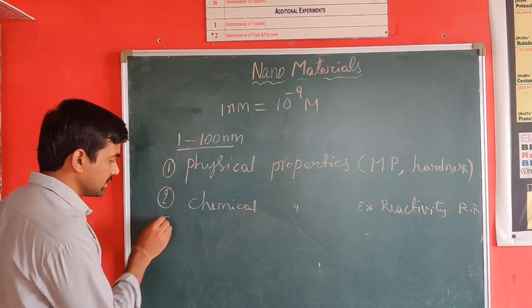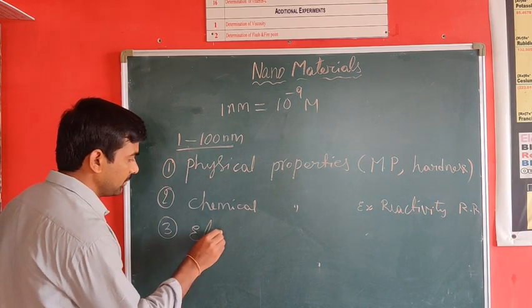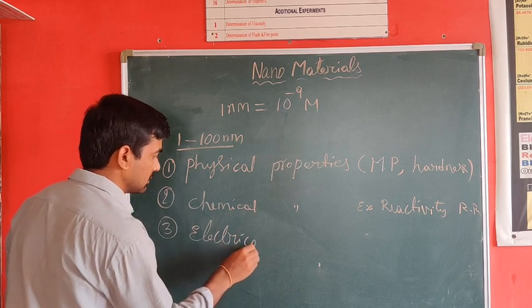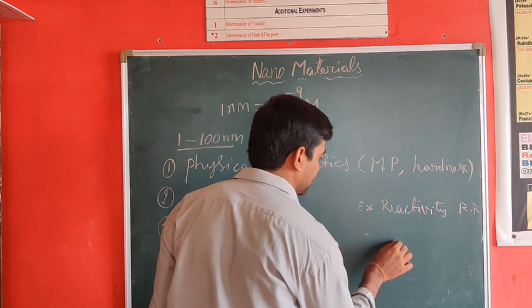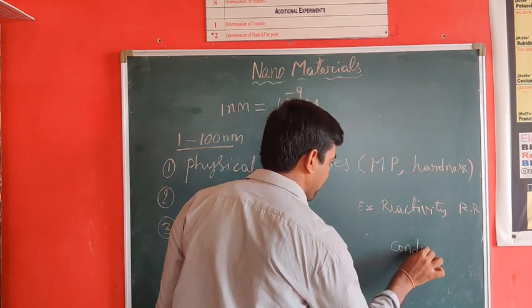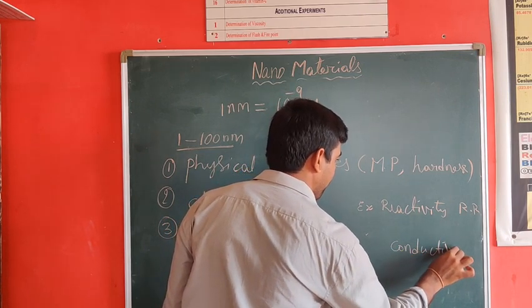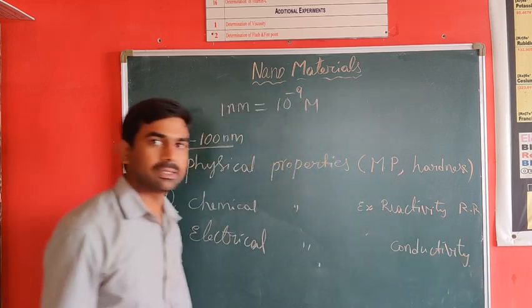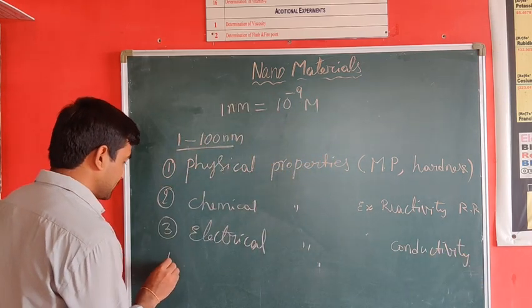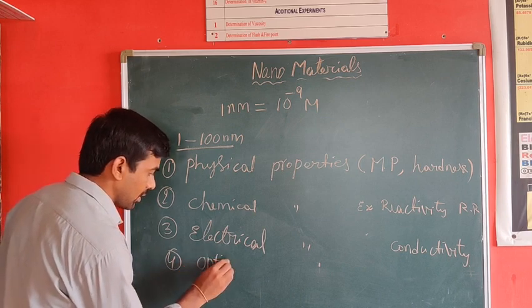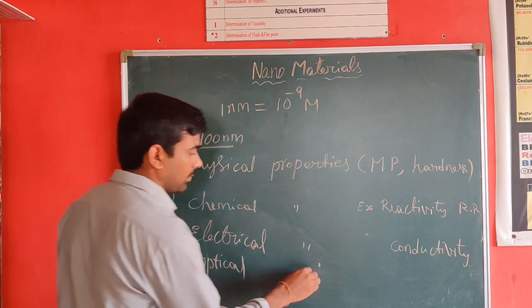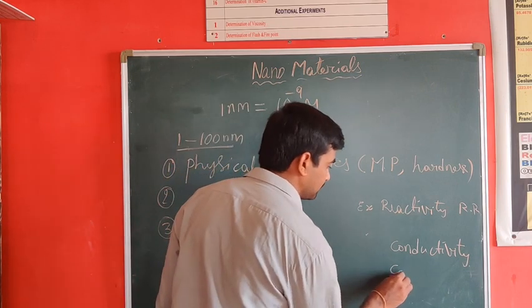The third one is electrical properties, for example conductivity. The fourth one is optical properties, for example color.